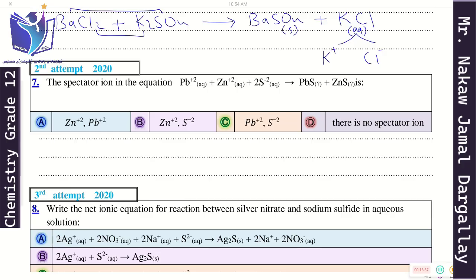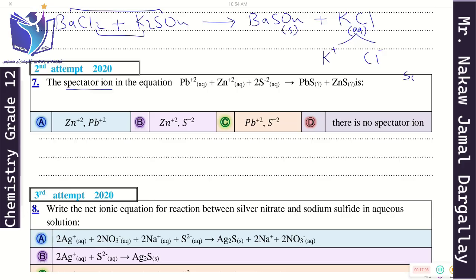Question number 7. The spectator ion in the aqueous Pb positive 2, Zn positive 2, and S negative 2 produce PbS and ZnS. Look, the products are PbS and ZnS.